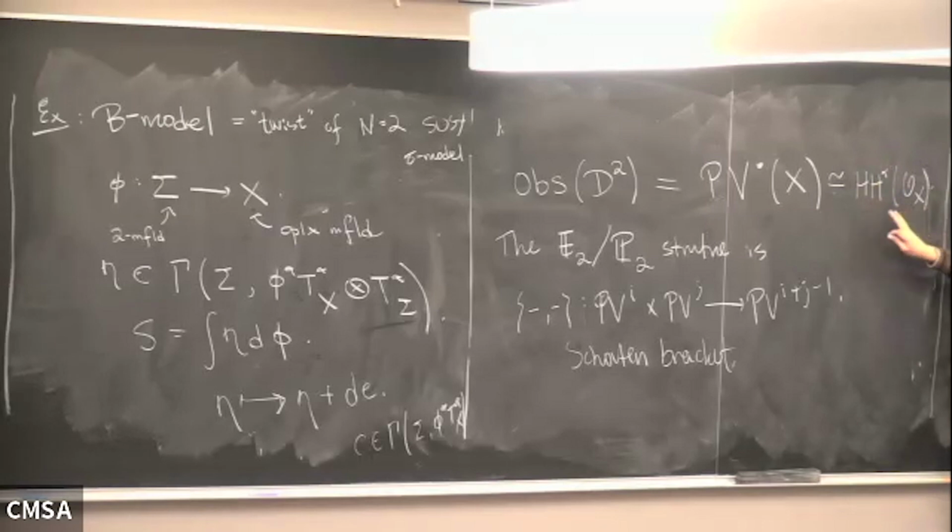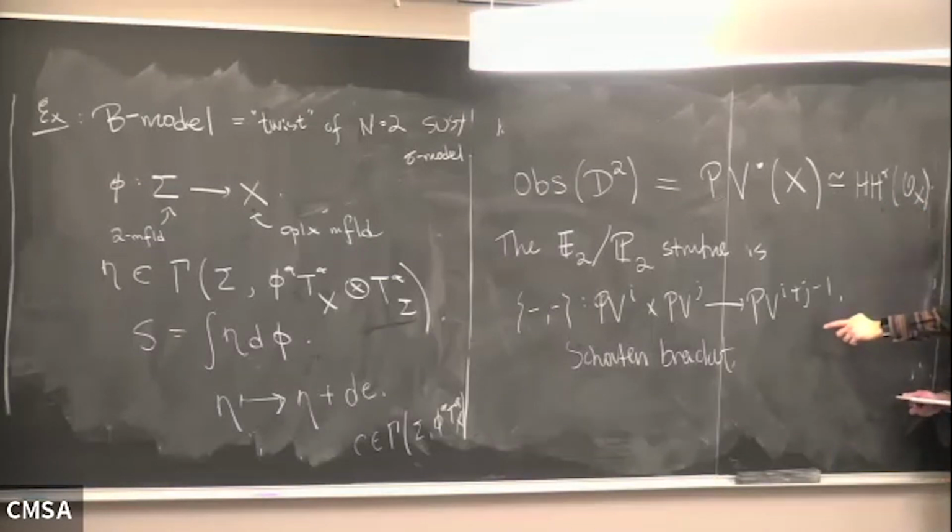But just to say, the E2 structure is exactly the same one that's guaranteed by Deligne's theorem. So O of X is a commutative algebra, in particular an associative algebra. Its Hochschild cohomology has the structure of a Gerstenhaber algebra. It's exactly the same bracket here. That's that Gerstenhaber bracket.